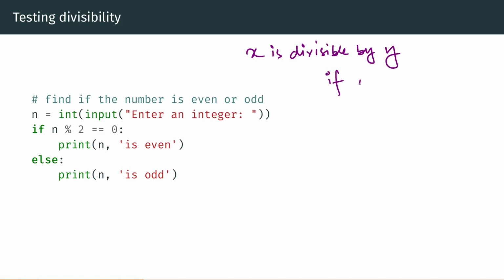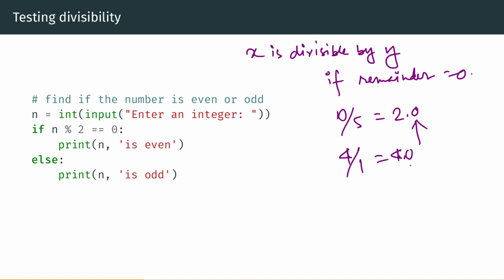For example, 10 and 5. 10 is perfectly divisible by 5 because you divide 10 by 5 and you get 2 decimal 0. So there is no remainder. Again, 4 over 1, that's also 4 decimal 0, so no remainder. But let's say you have 5 over 2, that will give you 2 decimal 5. There is a remainder, so it's not divisible. 5 is not divisible by 2.